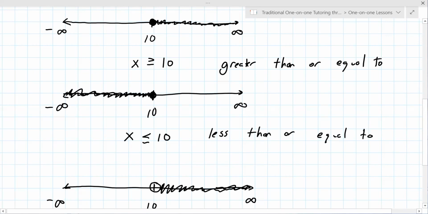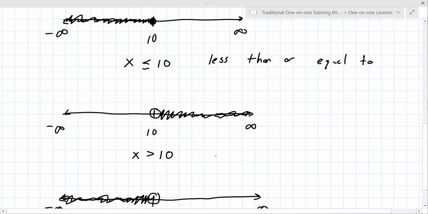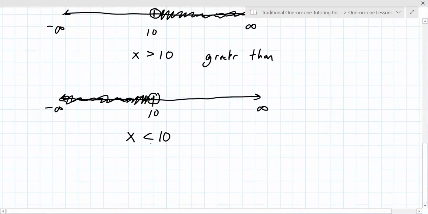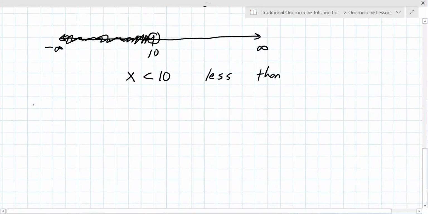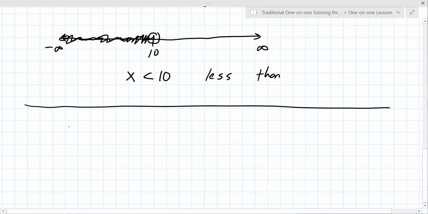Now the difference down below, when we don't have that line underneath, we just say greater than, and we say less than. You want to use the right language to make this clear when you're speaking about it.